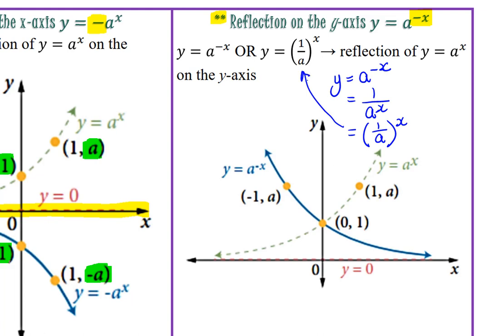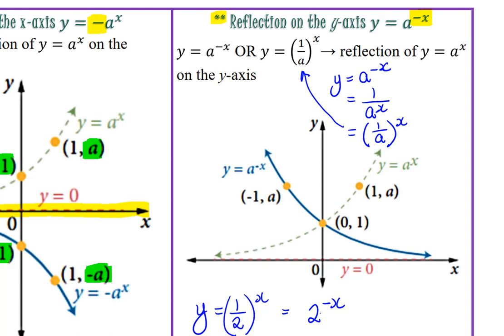So if you have a negative power, what that is actually doing is changing your dilation to a fraction. Okay, so you might not have that negative power. Instead, you might be given y equals a half to the power of x, and you have to realize, oh wait a second, that's actually 2 to the power of negative x. I have a reflection in my y-axis.